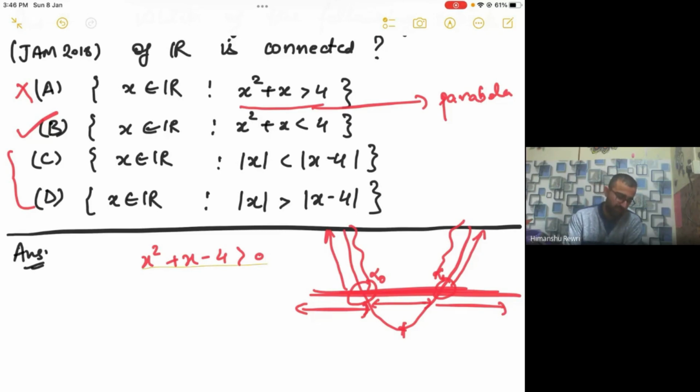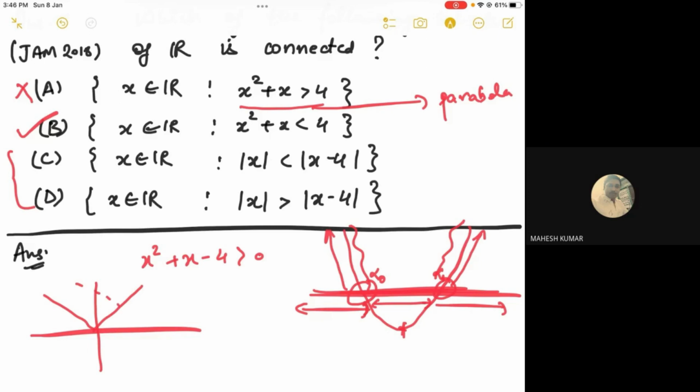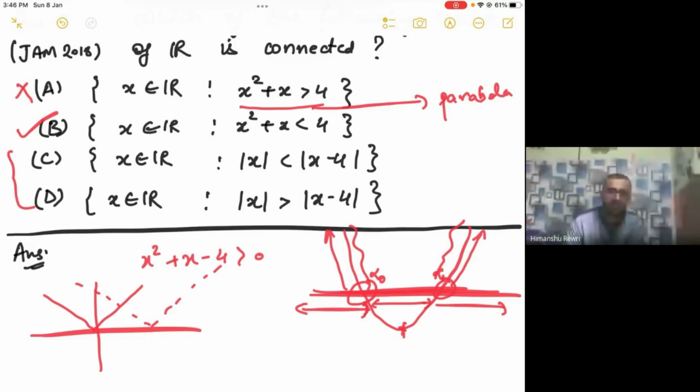So how will mod x look? This is mod x. What about mod of x minus 4? Shift 4 units forward, here. Is that correct? Yes, sir.